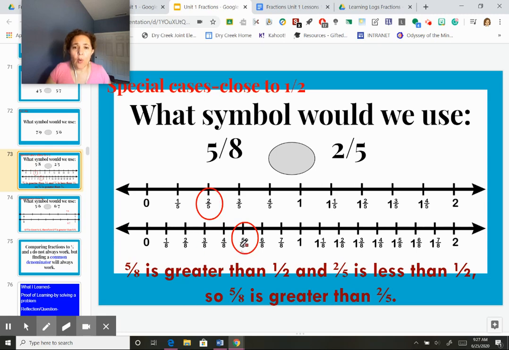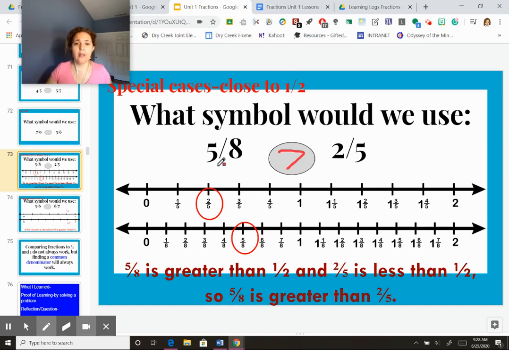So I know that half of 8 is 4/8. So I know that this is more than a half. Half of 5 is what? 2.5, right? So it's a little bit less. So I know that this is more because it is more than a half.